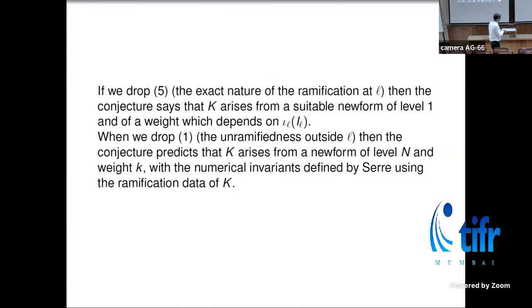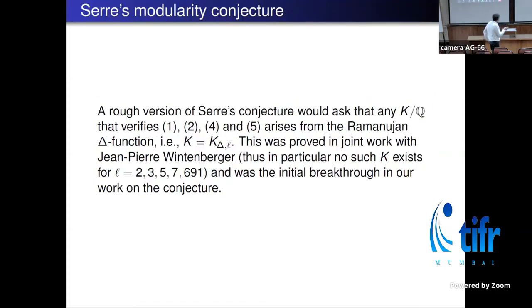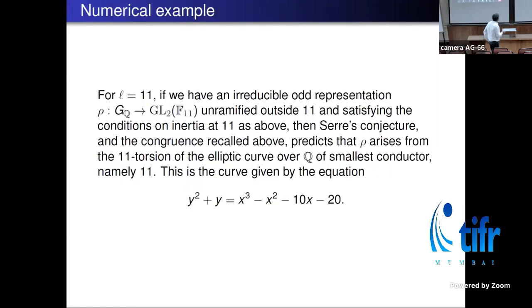And if we further drop the condition of being unramified outside L, then the conjecture predicts that any GL2(F_L) type of extension, or F_L-bar extension, which is odd and with certain properties, comes from some modular form. Right, so somehow this delta thing is just a very special case of the conjecture, but it's one of the first cases we proved.